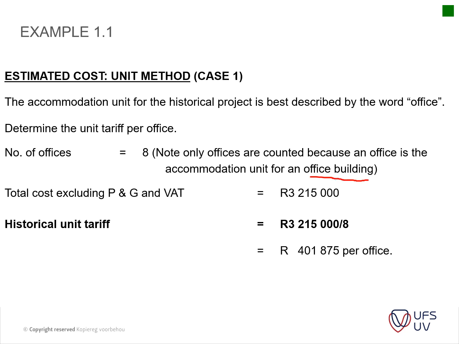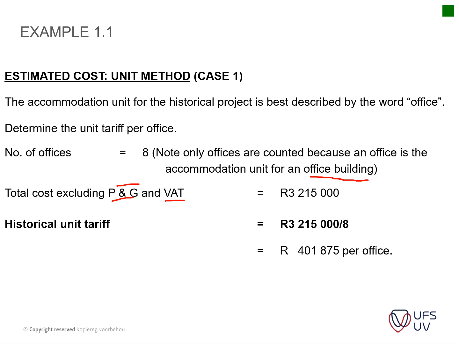So the tea rooms, the toilet facilities and all of that is excluded, so just mind that. So please note, you get to your calculation cost excluding P's and G's and VAT. Make sure that you know what P's and G's are, preliminaries and general. I've explained that in class as well, and it's also in your notes.